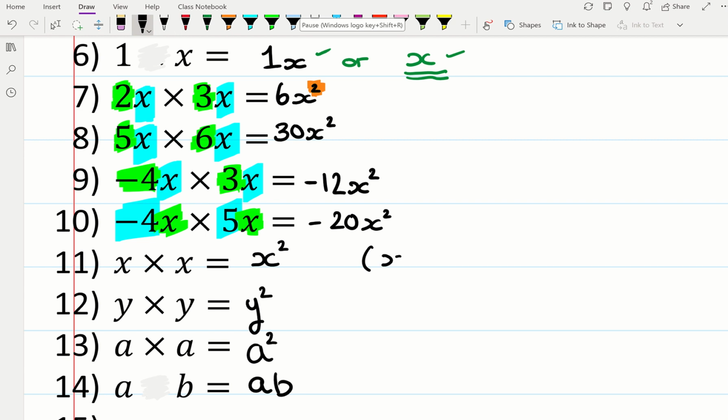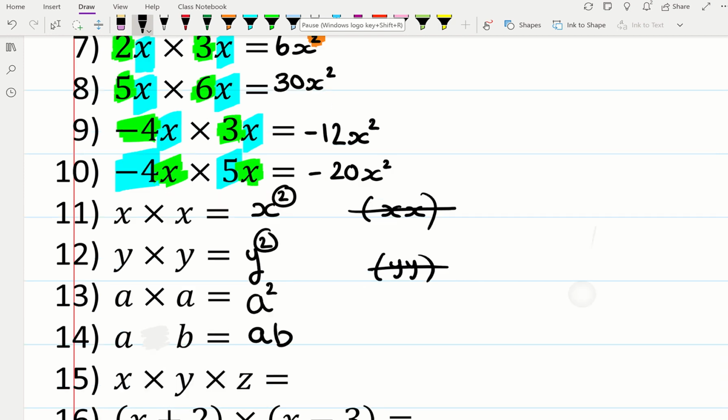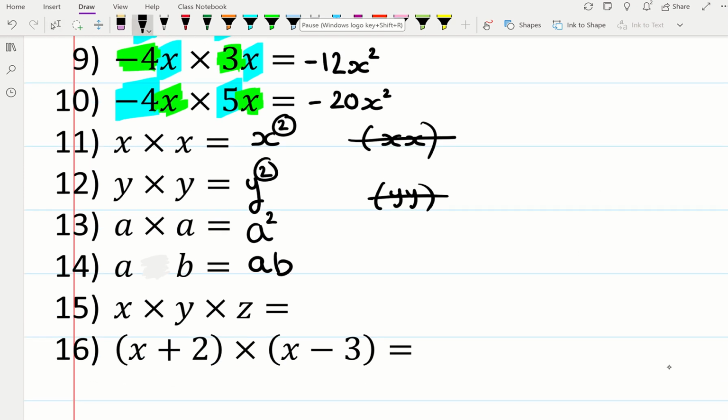There's no point putting x, x, or y, y. Something multiplied by itself is a square. And something like x times y times z, we don't put the multiplication sign. We just put them next to each other. X, Y, Z. If they're different letters, they go next to each other.